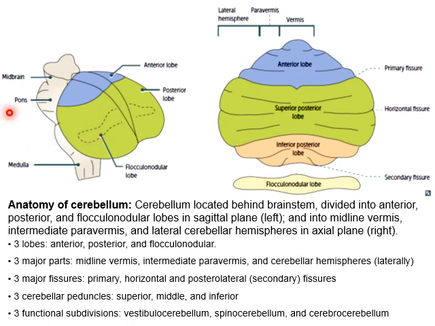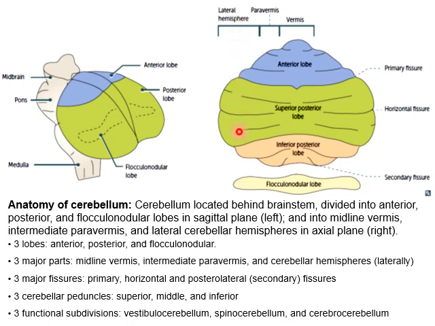If you look at the cerebellum in the axial plane, you will be able to see a different classification. The cerebellum is divided into the midline vermis, the intermediate paravermis, and laterally the cerebellar hemisphere.